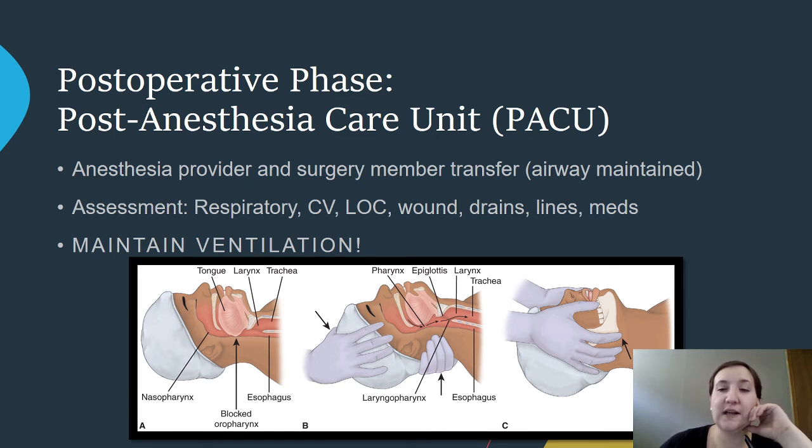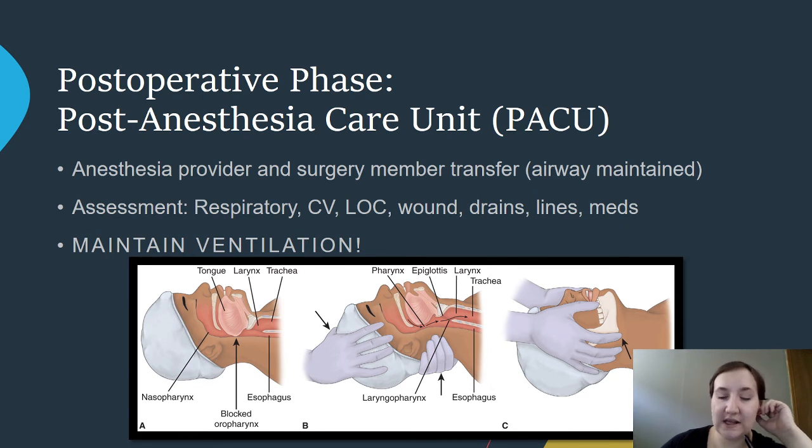One of the PACU nurse's responsibilities is, as a floor nurse, when I have my patients, you remember, for a long time on peds we would take these gynae procedure patients.